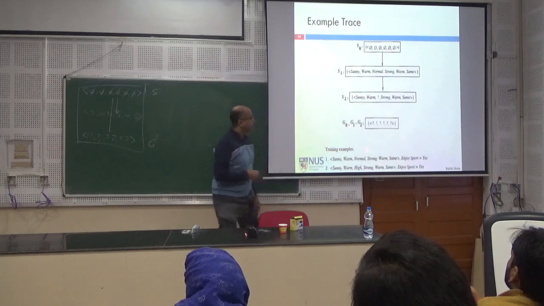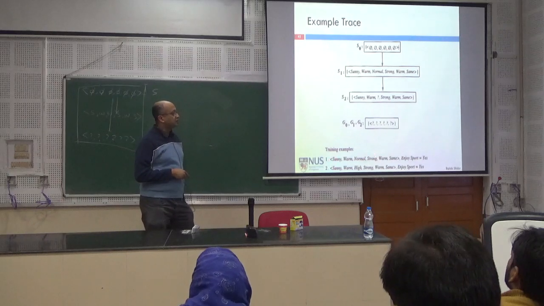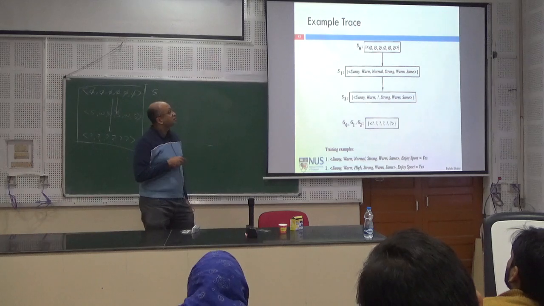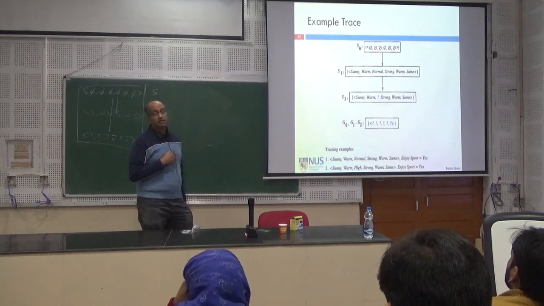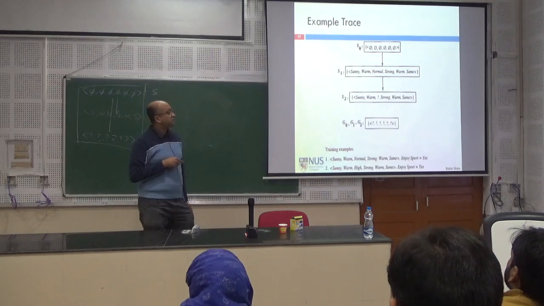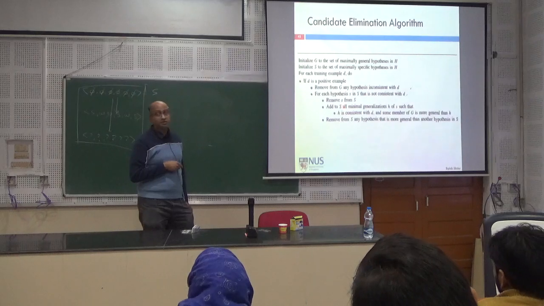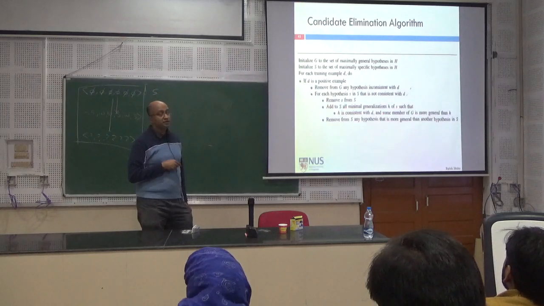And how do I change it? If it is sunny, warm, normal, strong, and so on, I have to enjoy. It's a positive. So instead of the nulls, I go for sunny, warm, normal, and so on. This is what's happening: I'm replacing all the minimal generalizations that are inconsistent.